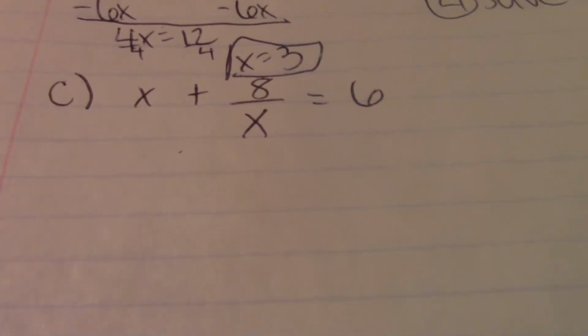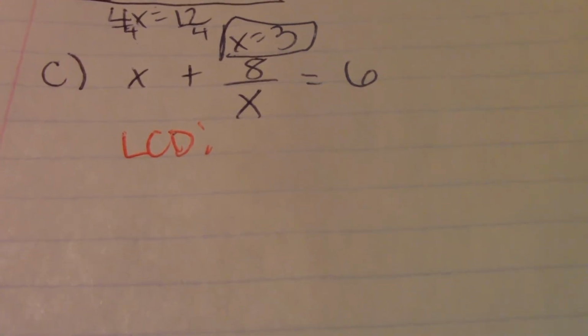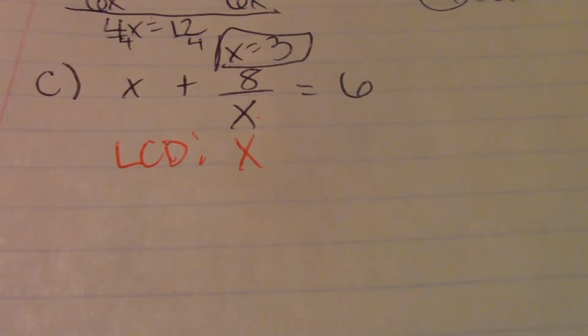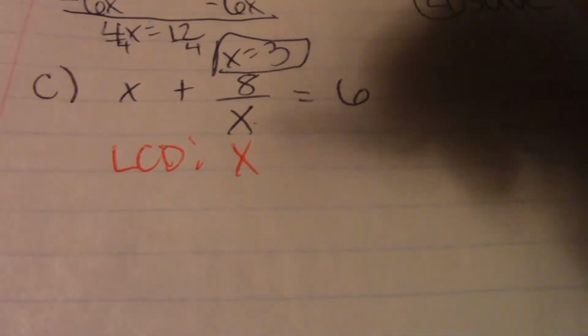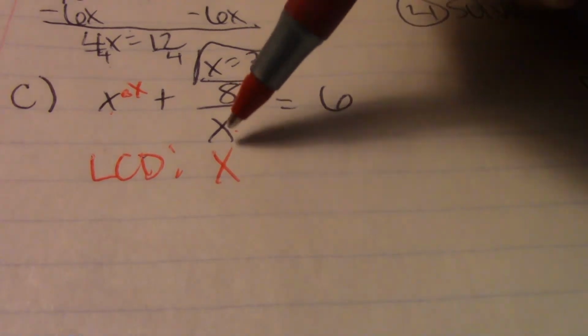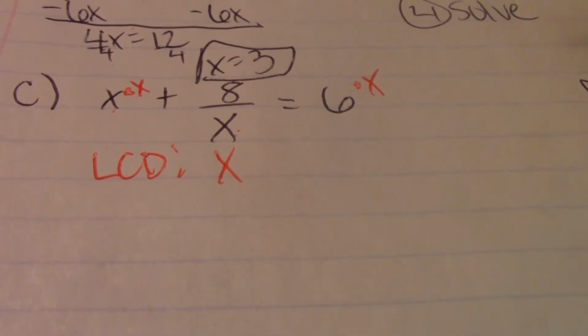C. Same thing. Find the LCD. In this case, there is only one denominator, and that's the x right here. So I need to take everything that doesn't have an x times x. That doesn't have a bottom x, so it needs another x on top. That does, so we're good. This one doesn't, so it needs an x on top.